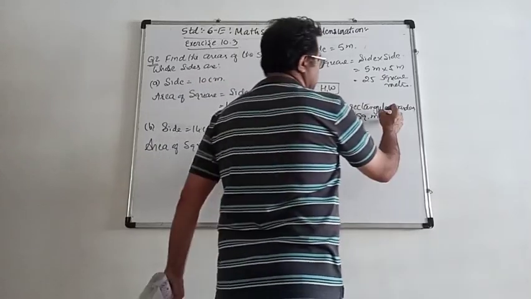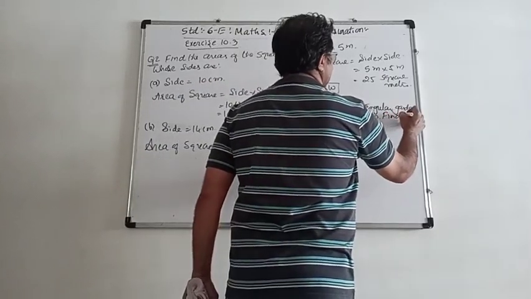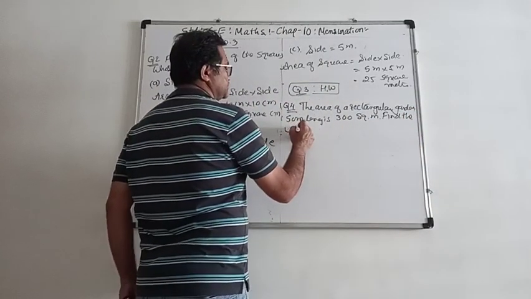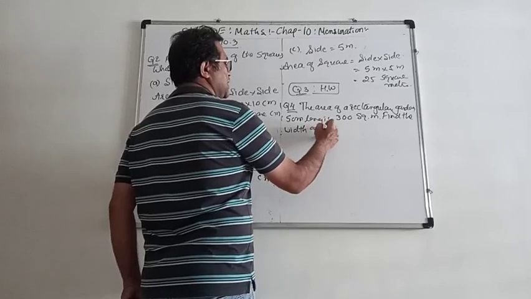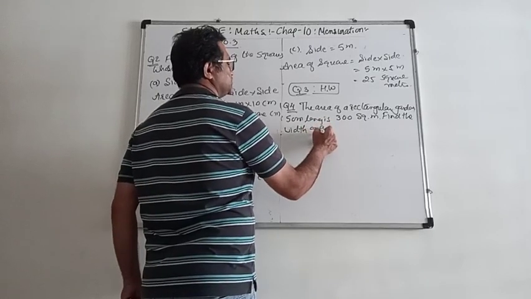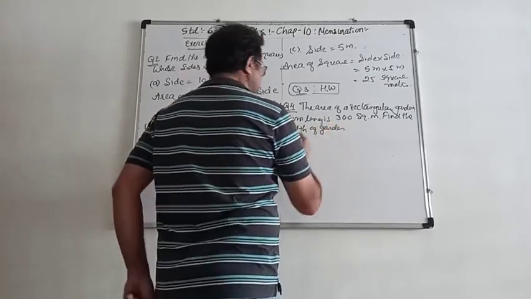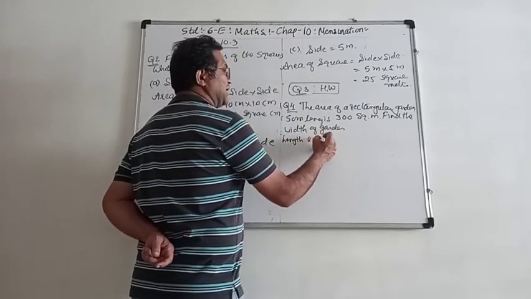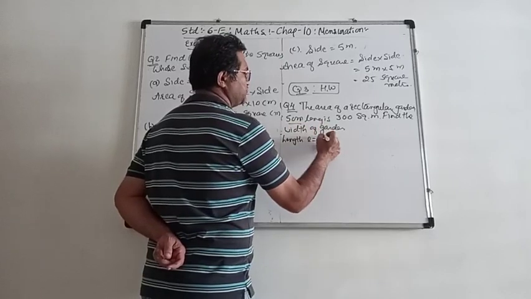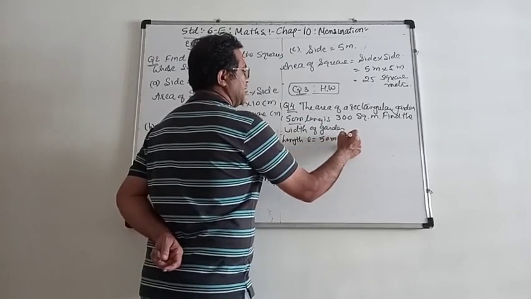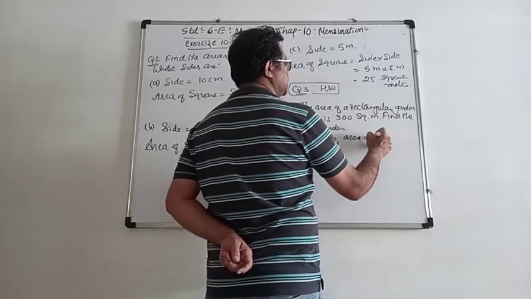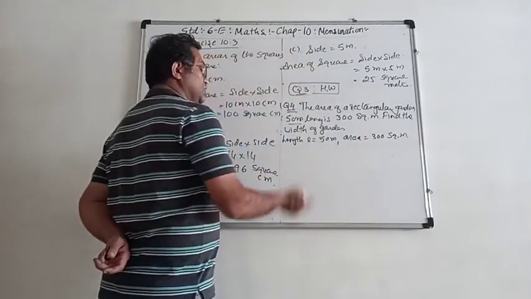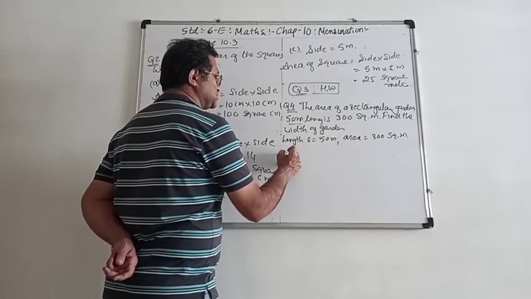Find the width of the garden. Width means the same as the breadth. So now length L is given 50 meter and area is given 300 square meter. So now we have to find the breadth, the width.